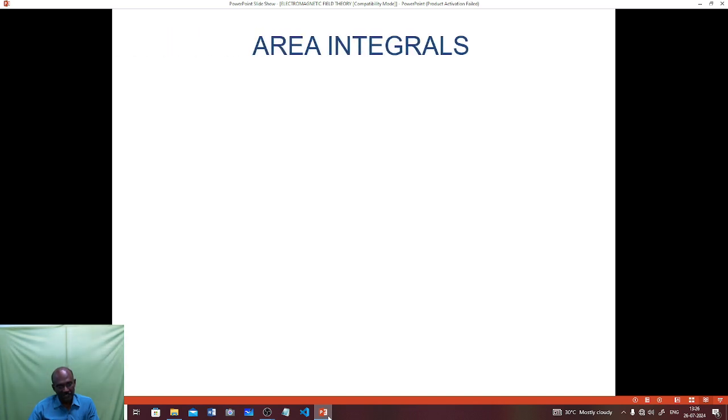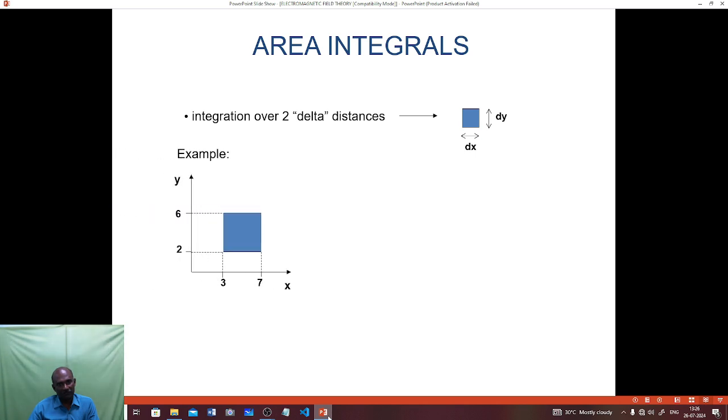Then area integrals, giving the area, involve the two-dimensional parameters dx and dy. For example, we can find the area by representing dx and dy. Multiplying dx and dy, we can get the area integral.